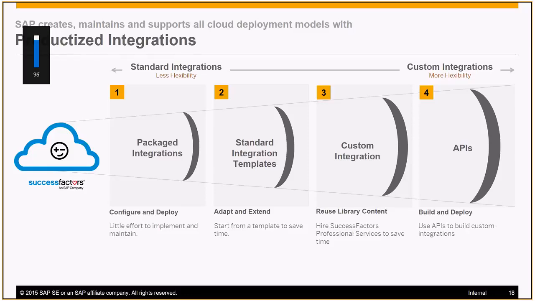Now we have packaged integrations. If you have heard somebody talk about a package integration, these are typically like packaged integration for SHL, which is an assessment vendor, using Boomi or SAP Cloud Platform Integration, sorry. I have to be careful about the terminologies.